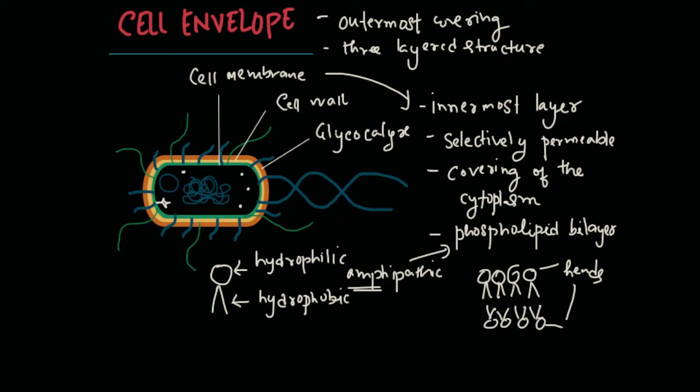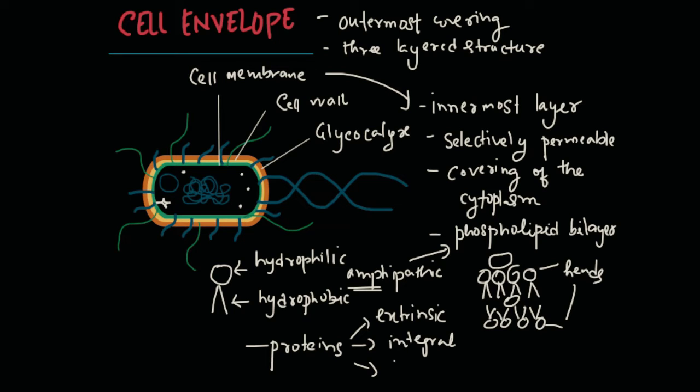Now, it is not only the phospholipids that are present in the cell membrane, there are also proteins floating in the membrane. These proteins can be of three types. They can be extrinsic, that is, they may lie on the surface of the phospholipid bilayer, or they might be integral, that is, they may be present inside the bilayer, or they may be transmembrane, that is, they span across the phospholipid bilayer.